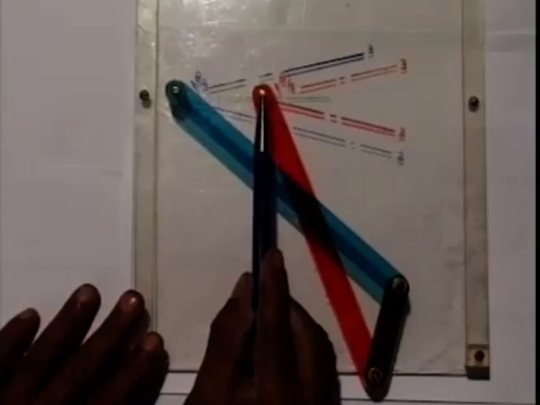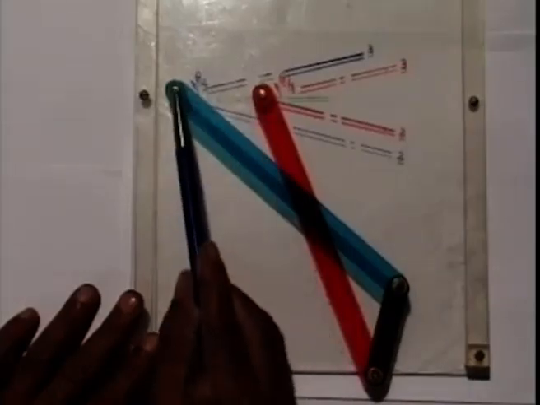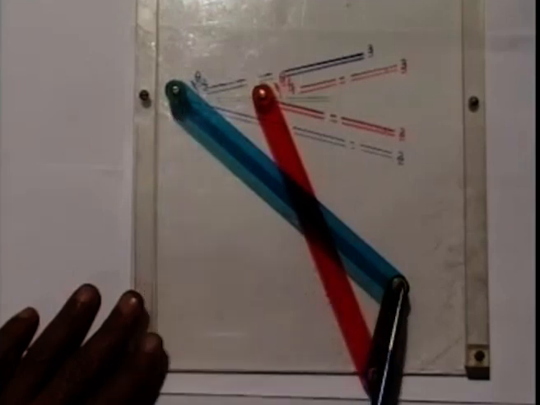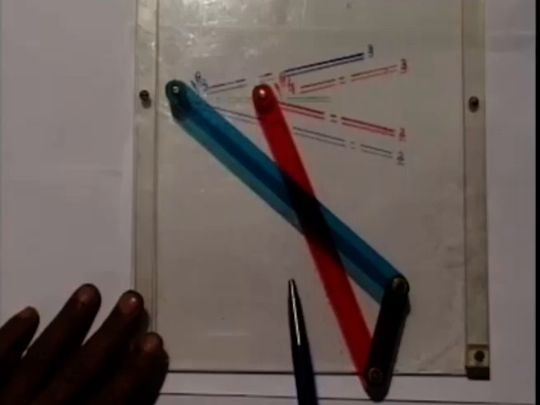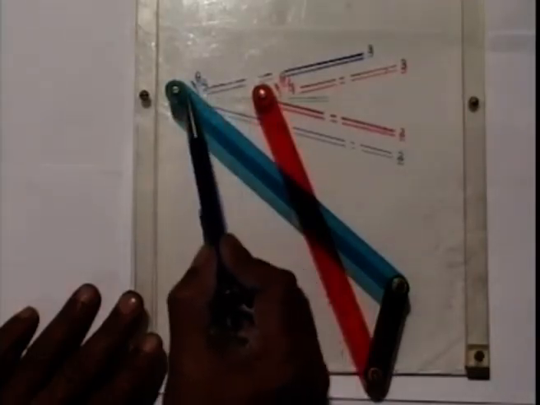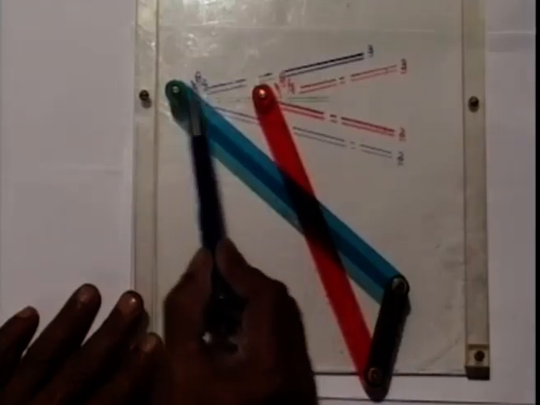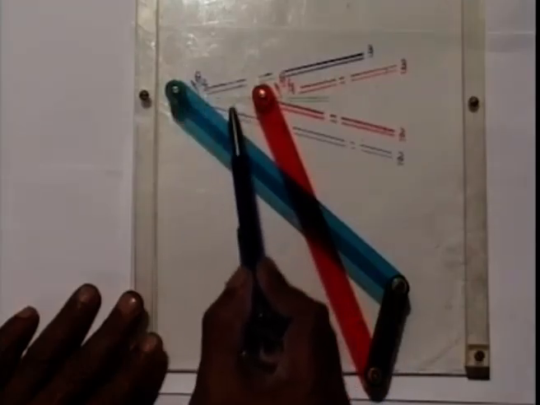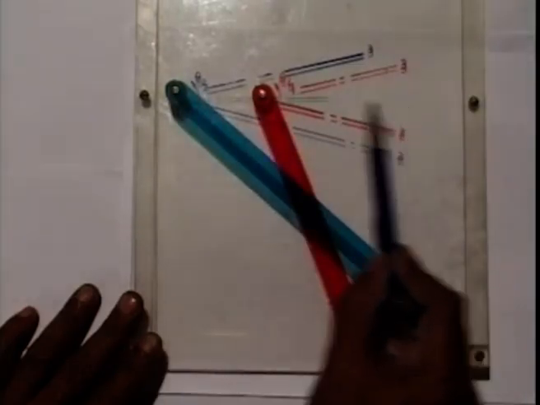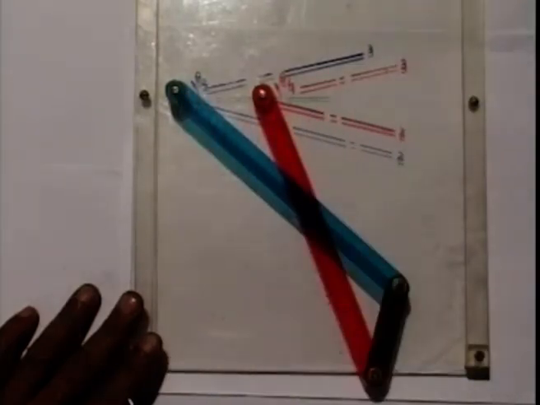This L1 is 5.1 centimeter and L1 is equal to the coupler length L3, and L2 is also equal to the follower length L4. This is the first configuration where theta 2 1, that is the angle that this link makes with O2O4, is minus 40 degree, whereas the angle that this follower makes with the same line O2O4 is minus 68 degree.